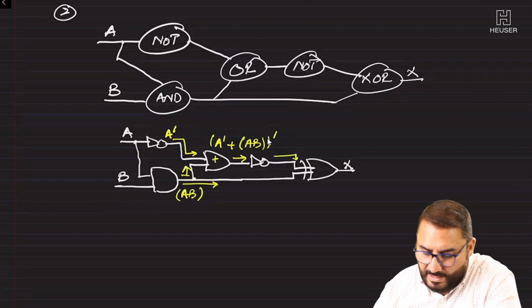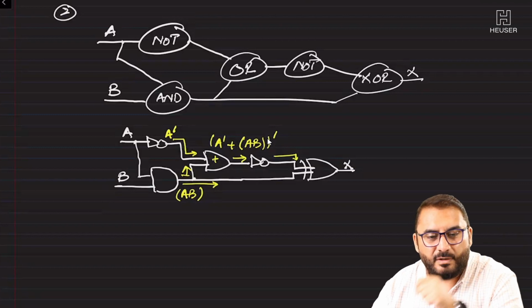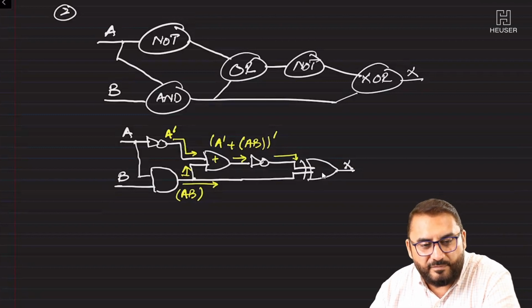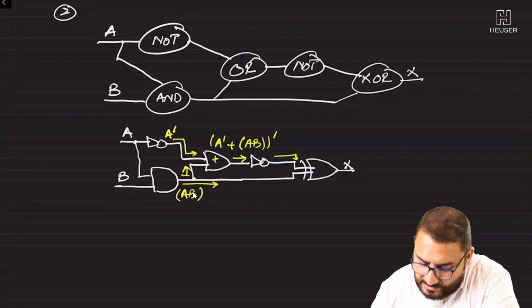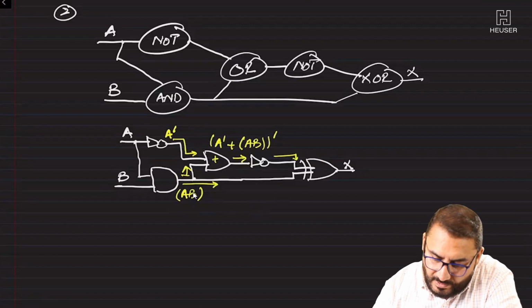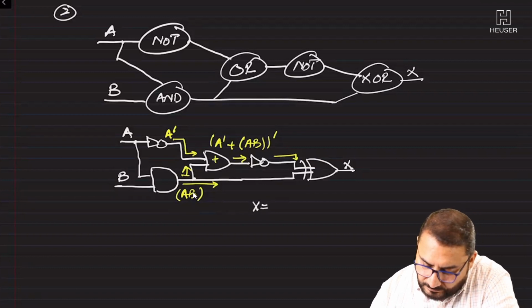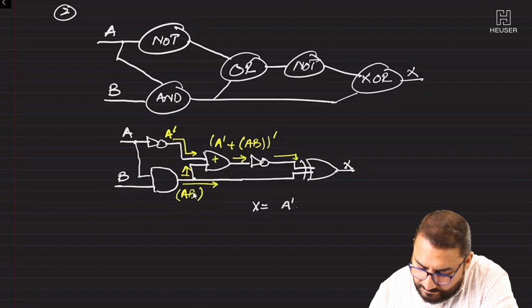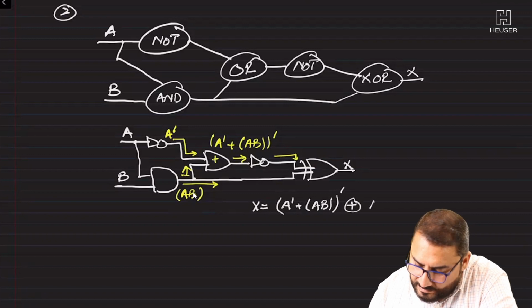Now this goes to the exclusive OR gate, and that would have the next input AB from there. So this will become X is equal to A naught plus AB whole naught exclusive OR AB.